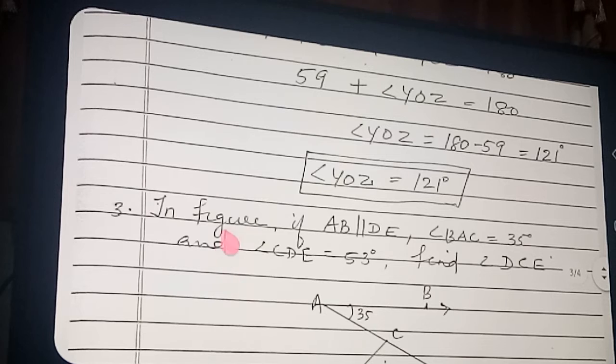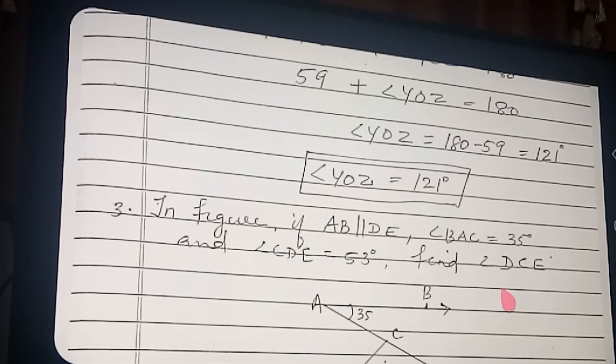Clear? Now we can explain one more sum. See here. See the question, read properly, all of you. In the figure, AB is parallel to DE. Angle BAC is equal to 35 degrees. Angle CDE is equal to 53 degrees. Find angle DCE. That is your question.